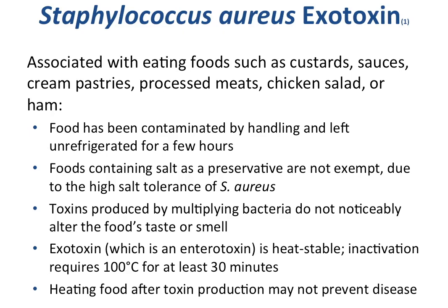Now let's talk about Staphylococcus aureus. Staphylococcus aureus can secrete an exotoxin, so the food can be contaminated by the toxin. For example, custard, sauces, cream, pastries, even meat, chicken, salad, and ham can be contaminated very easily.